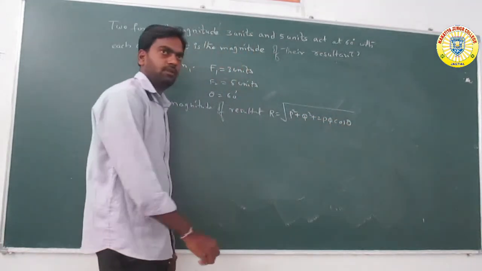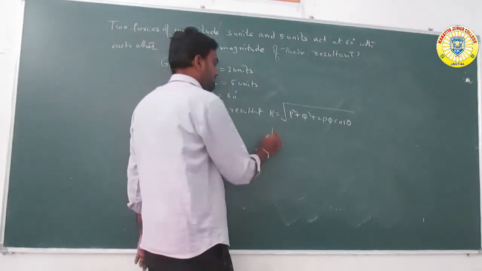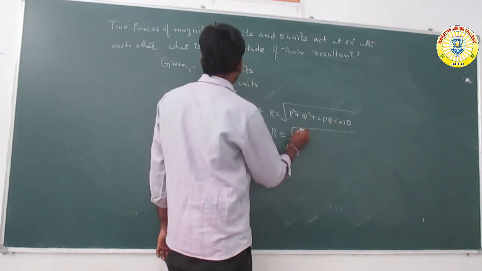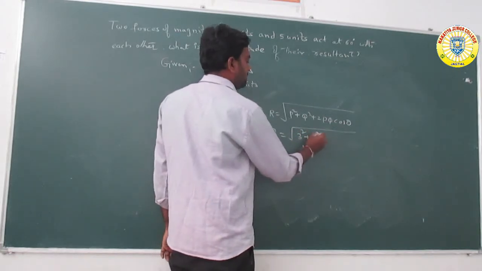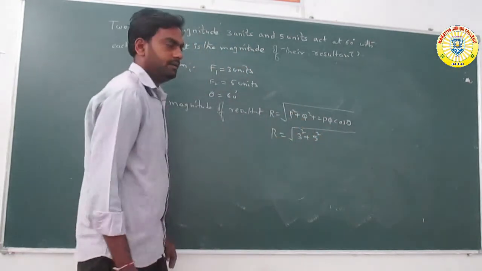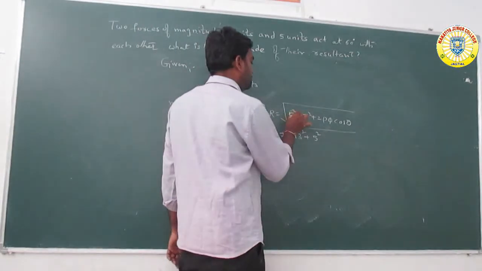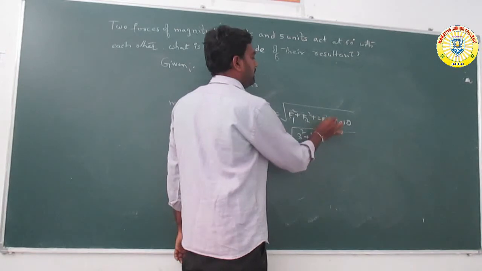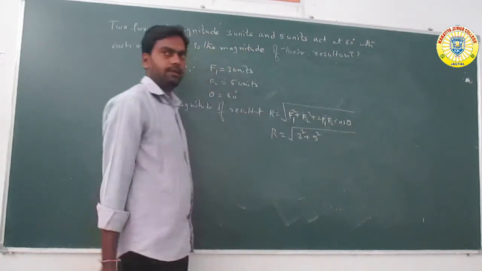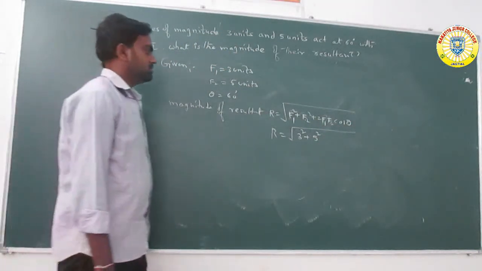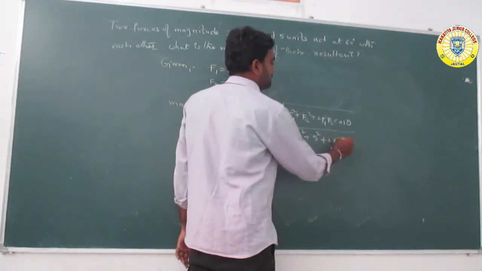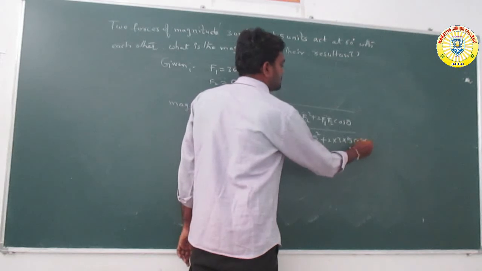So R is equal to under root of P square, and here P and Q are the forces F1 and F2. So 3 square plus 5 square plus 2 into 3 into 5 cos 60.